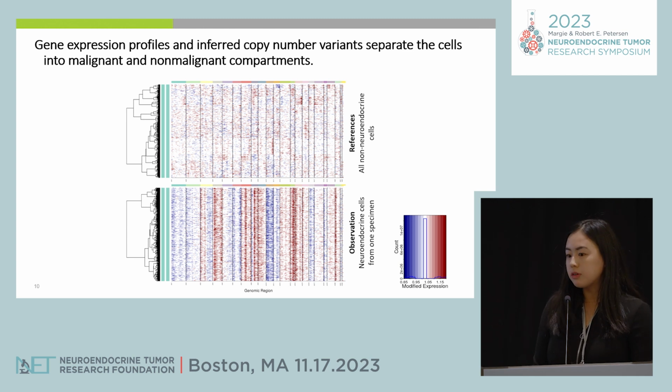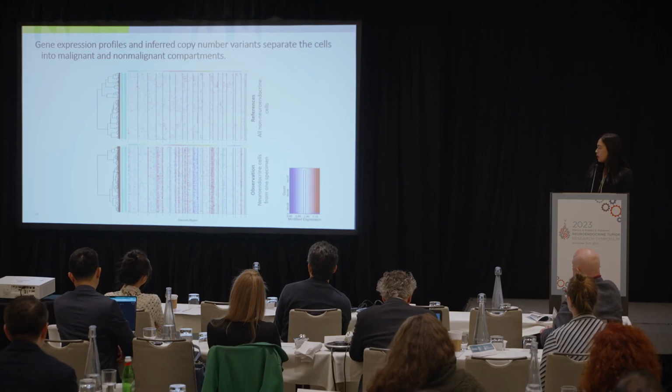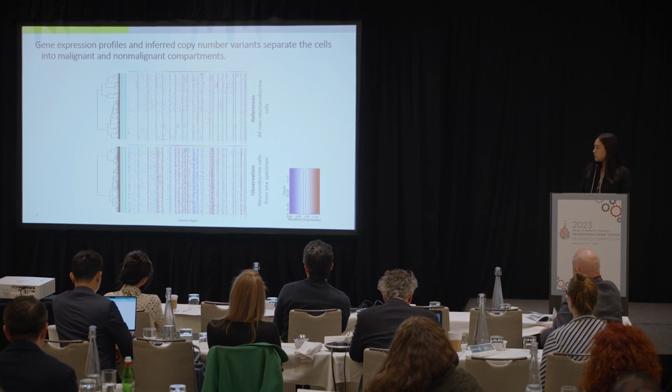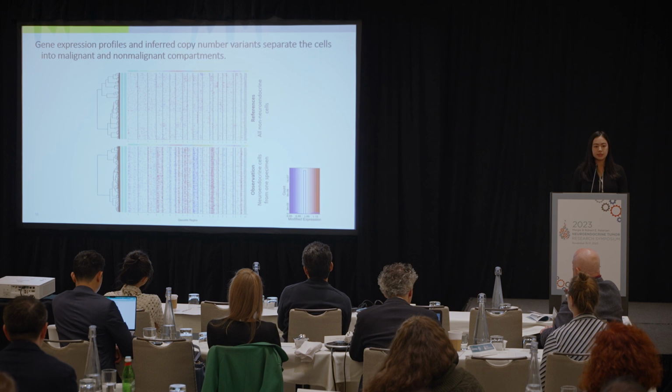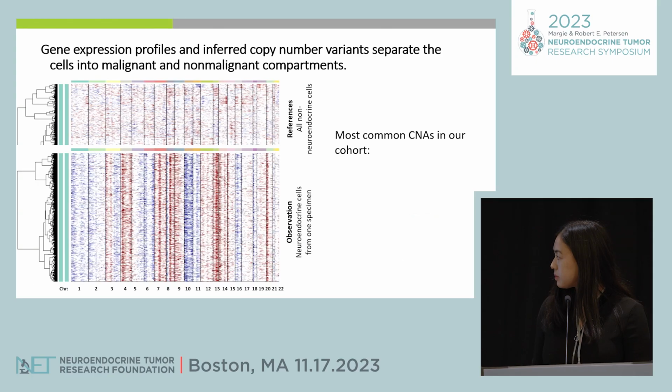So here the top row is the reference of all the non-neuroendocrine cells, and the bottom is an example of the copy number profile of one of our specimens. And as you can see, with the red representing amplification and blue representing deletion, there is a much higher copy number burden in the malignant cells compared to the non-malignant cells.